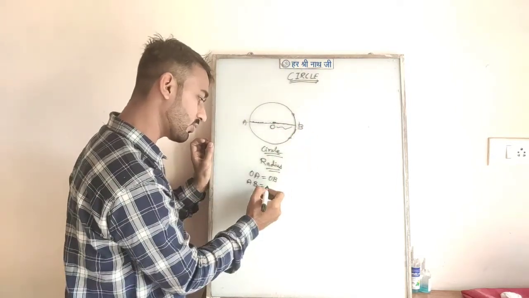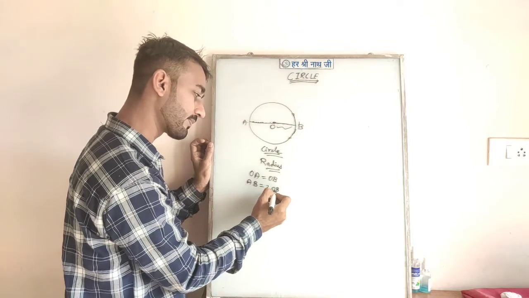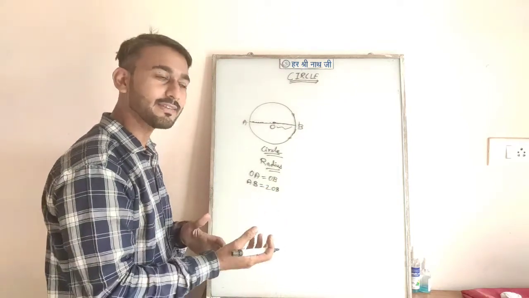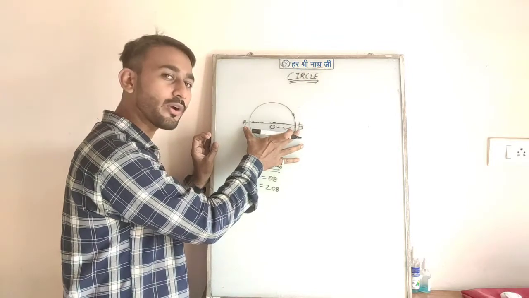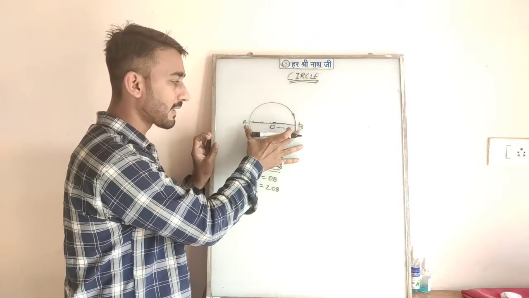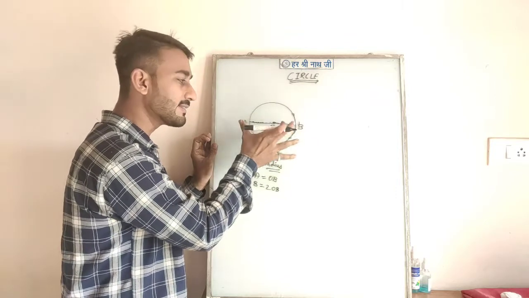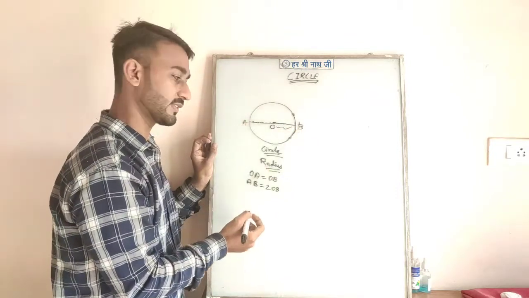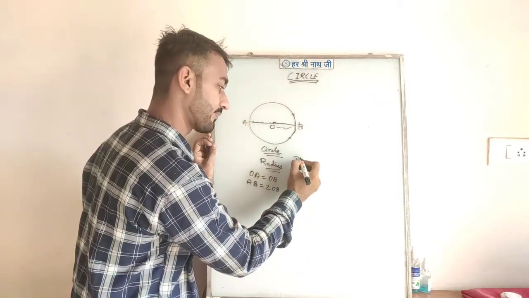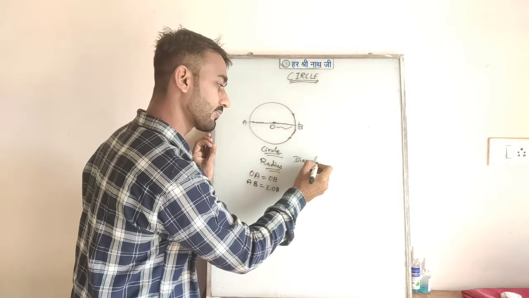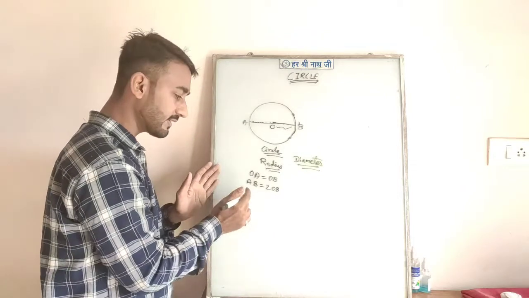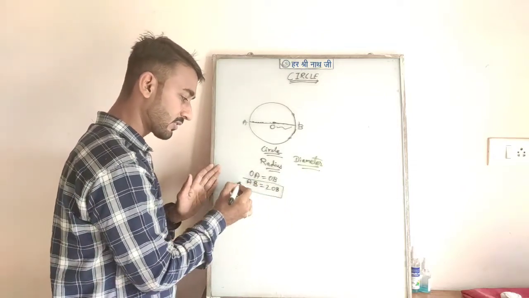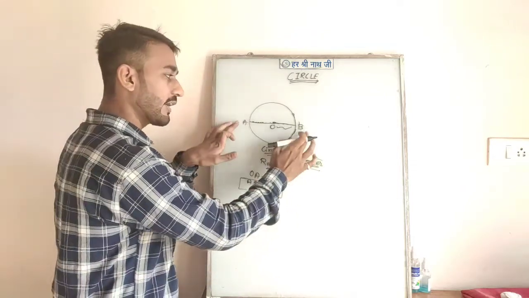Let me take 2 times OB. Or in other words, we can say that this is the total distance, this is the longest distance possible inside the circle, and this is termed as the diameter of the circle. And as we have seen, this is the relation of the diameter. See, AB is what?